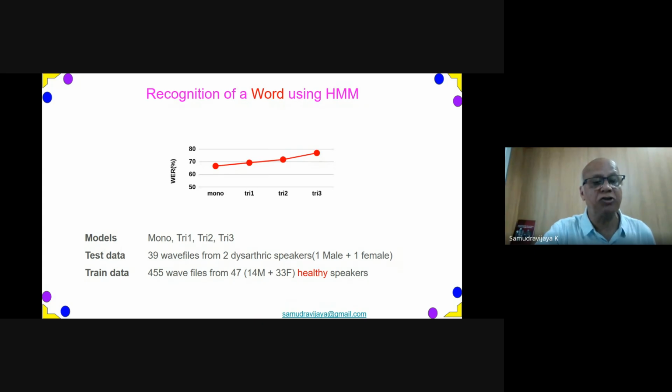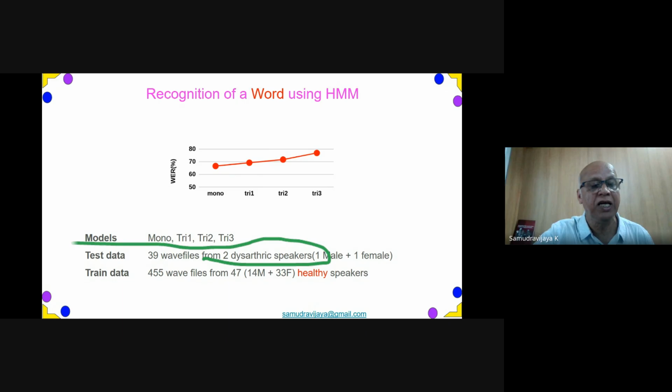Now we wanted to check how the performance of a speech recognition system that recognizes a single word works for people with dysarthria. Therefore, our test data is only speech from dysarthric people. We will not use this data for training the system, so that we know the performance of the system for unknown speakers.